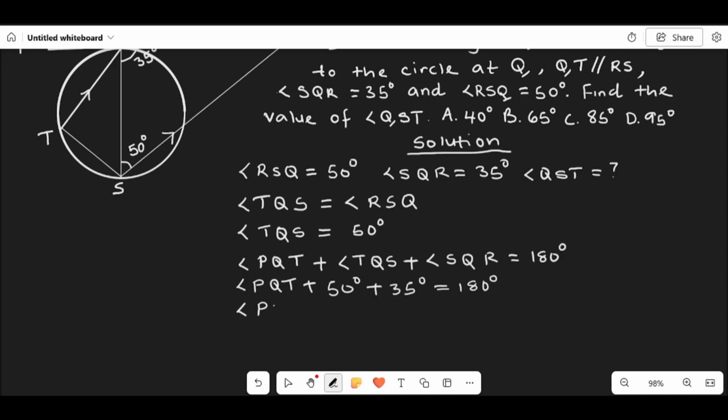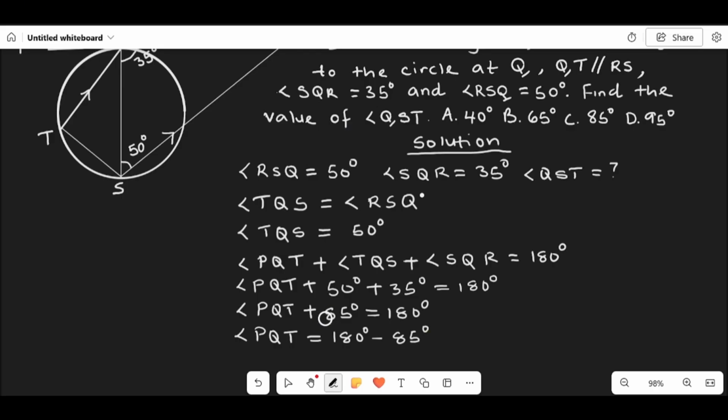Angle PQT plus, if you add 50 degrees and 35 degrees together, we are going to have 85 degrees. 85 degrees equals 180 degrees. Angle PQT equals 180 degrees minus 85 degrees.